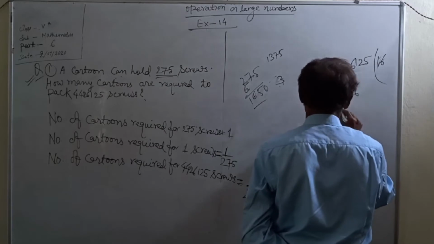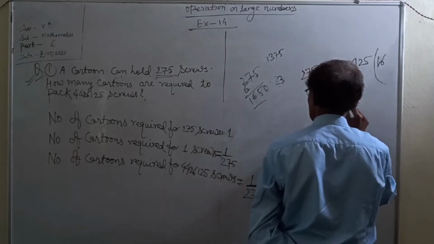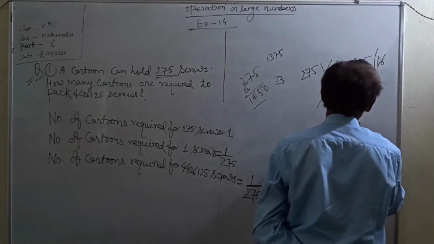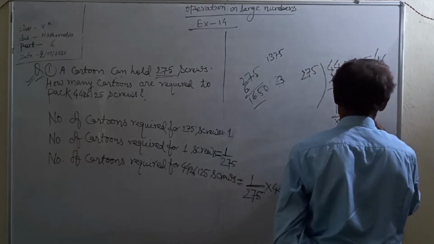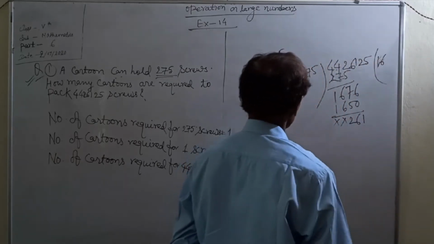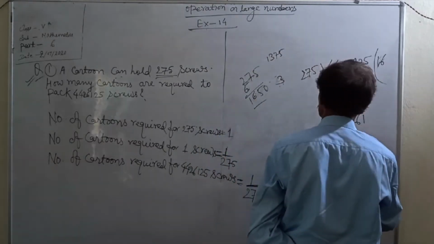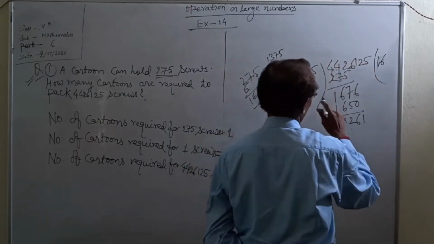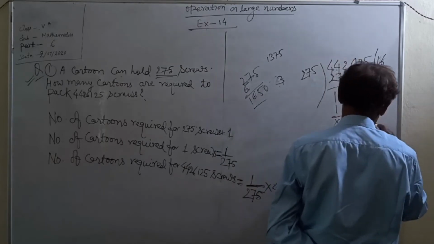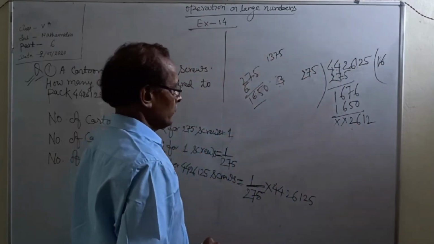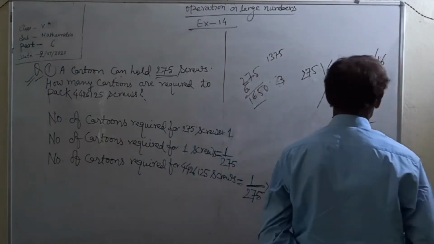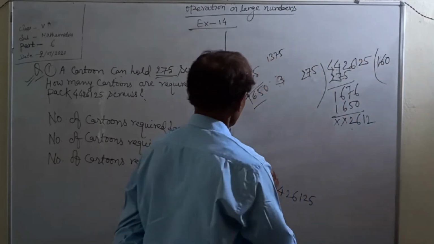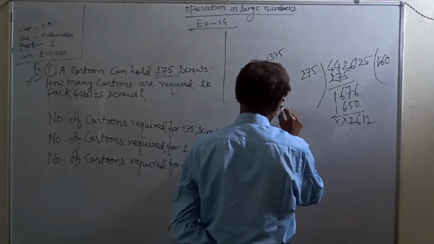Use 6: 275 times 6 is 1650, and after subtraction we get 2. After that, take 1, but after taking 1, this 261 is smaller than 275, so it will not be divided by 275. Take another digit, but keep in mind whenever you take 2 digits at a time from the upper part, in that case we use 0 here.